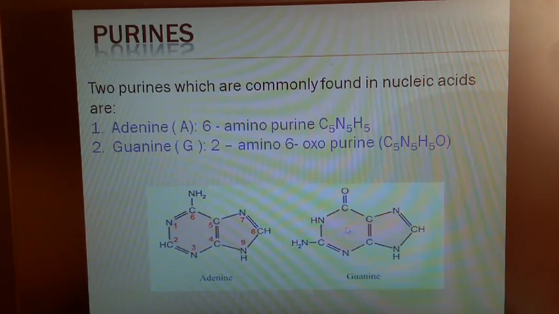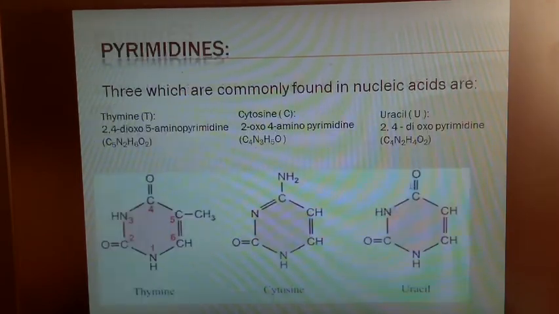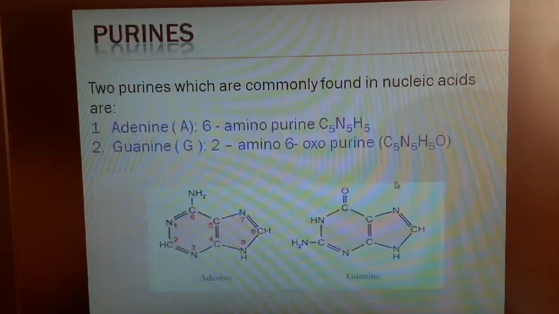So this structure is a purine form. The only differences you can observe are C5N5H5 versus C5N5H5O, where that O is the double bond O present here. Adenine and guanine structures may not be asked in the theoretical exam, but for competitive purposes they are very, very important.